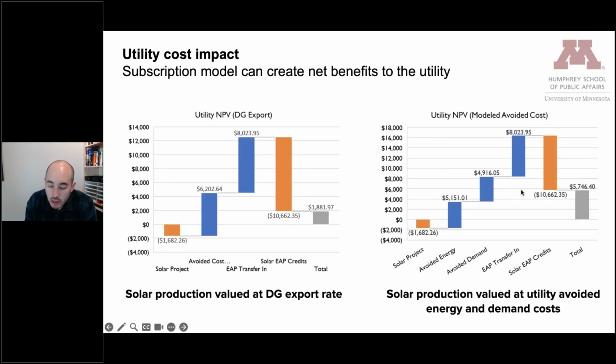Really critical, we've thought a lot, this whole time, this is a pilot project, and what makes a pilot project a success?